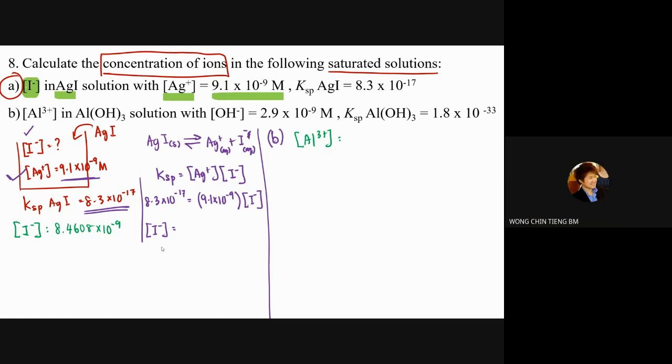Yes, Miss. So betul ke jawapan kamu? Still berkeras dengan jawapan anda? Yang lain? Anyone? Miss Lau? 9.1209 times 10 to the power of negative 9.